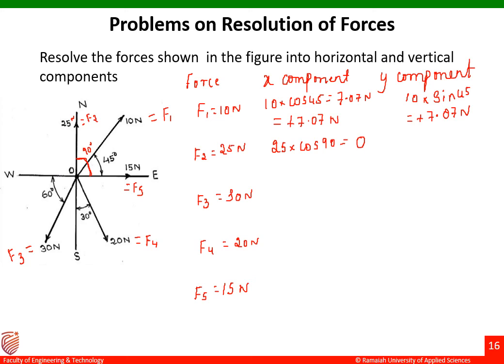So let us go to the y component, that is 25 into sine 90. We'll get the answer as 25 Newton. You can see this F2 is acting upwards. That means you can write it as 25 Newton upward direction, or else plus 25 Newton.